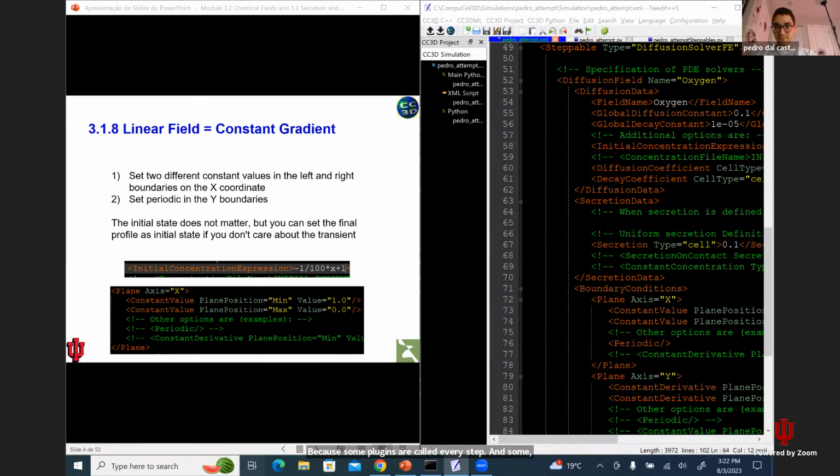So there is no intuitive way to distinguish between them, at least for me. Yeah, for the user, it doesn't matter. Exactly.